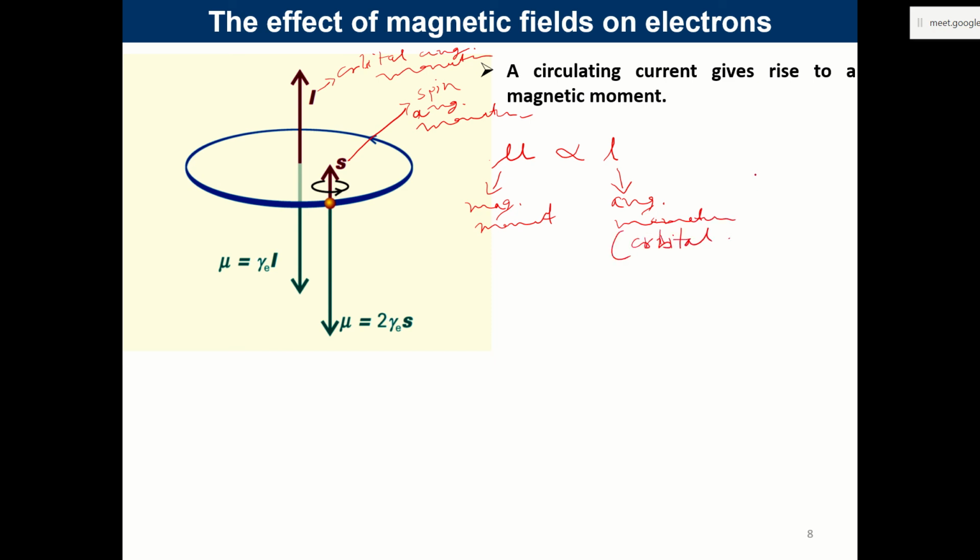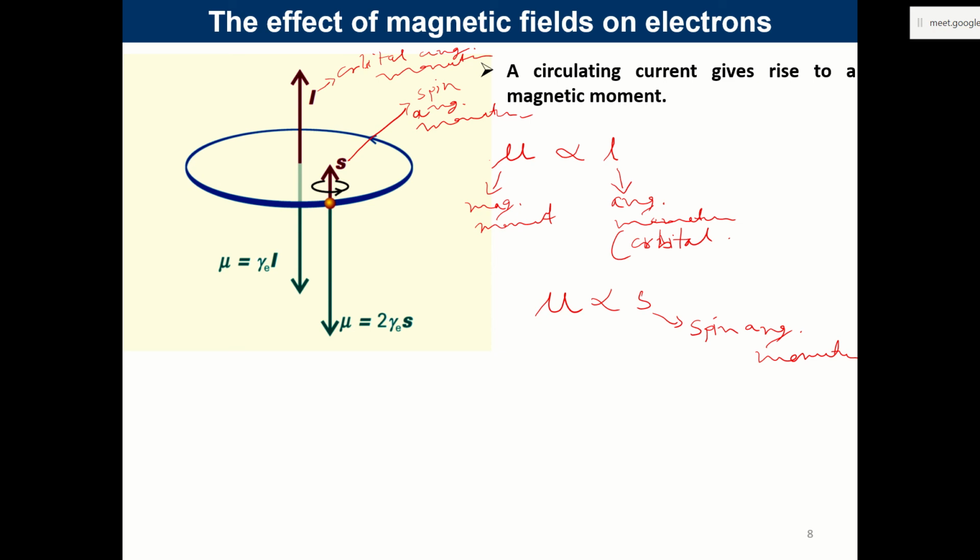Similarly, mu is also proportional to the spin angular momentum s. Because the charge is negative, the magnetic moment generated will be opposite in direction.